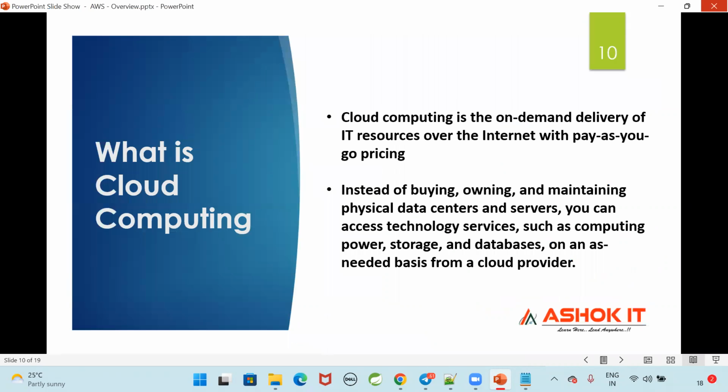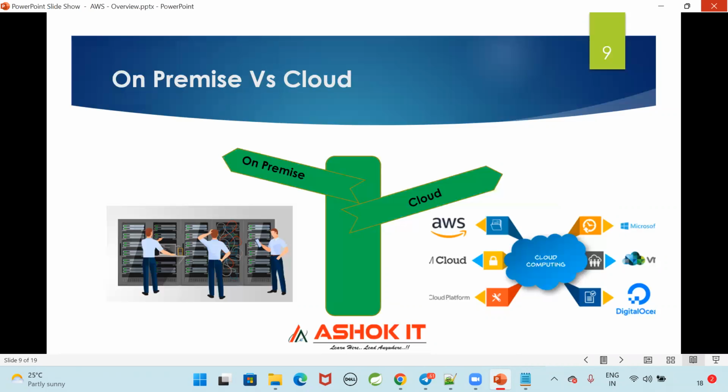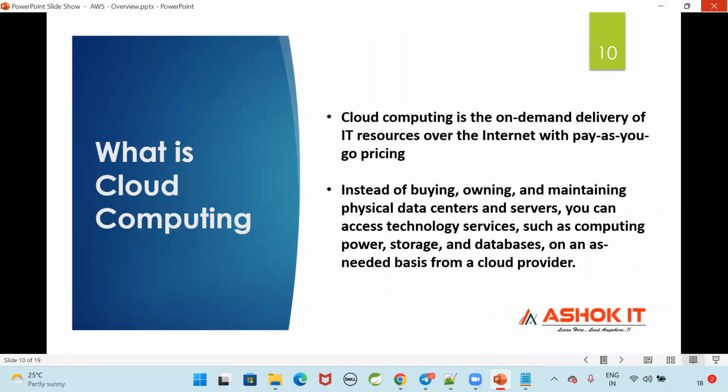So what is cloud computing? What is cloud infrastructure? Cloud computing is on-demand delivery of the resources that you need. Now to develop a project, we need some servers, machines, network, power, storage.